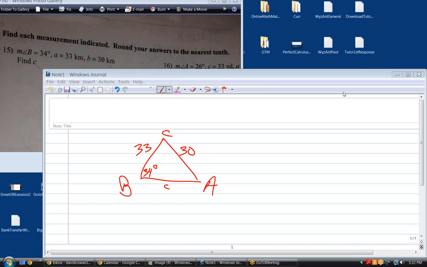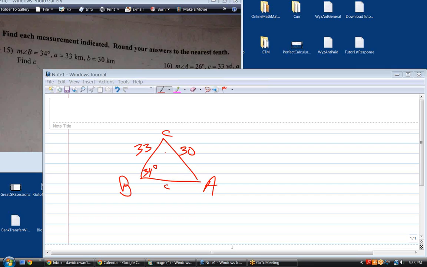If you haven't had it, you will, so it won't hurt you to talk about it. Basically, where you can have the ambiguous case of the law of sines is this first question, 15. The reason is that we have angle, side, side, or side, side, angle, which is different than side, angle, side, or angle, side, angle.